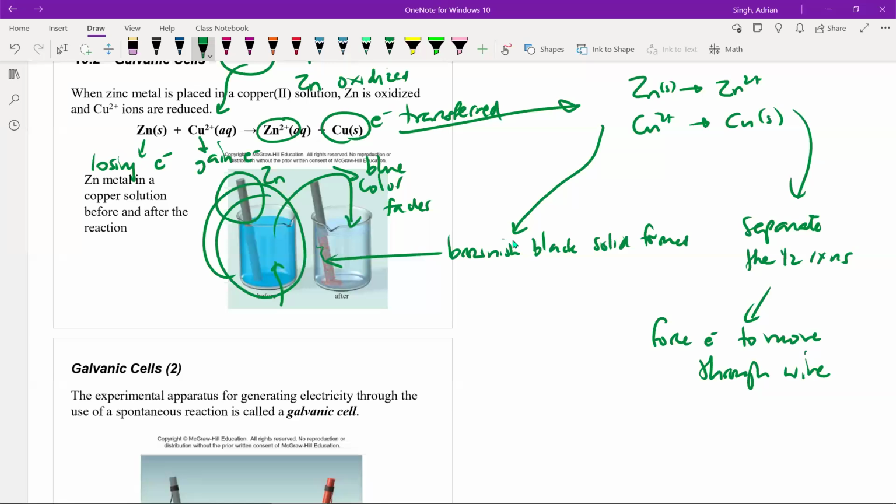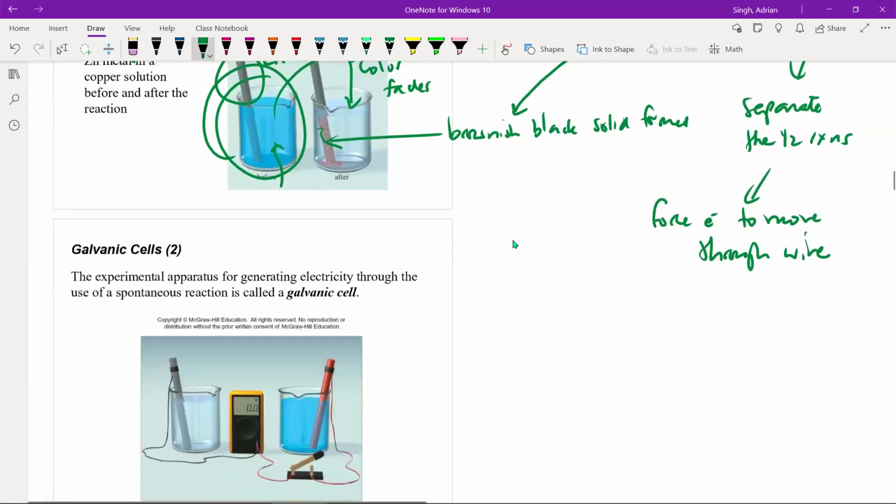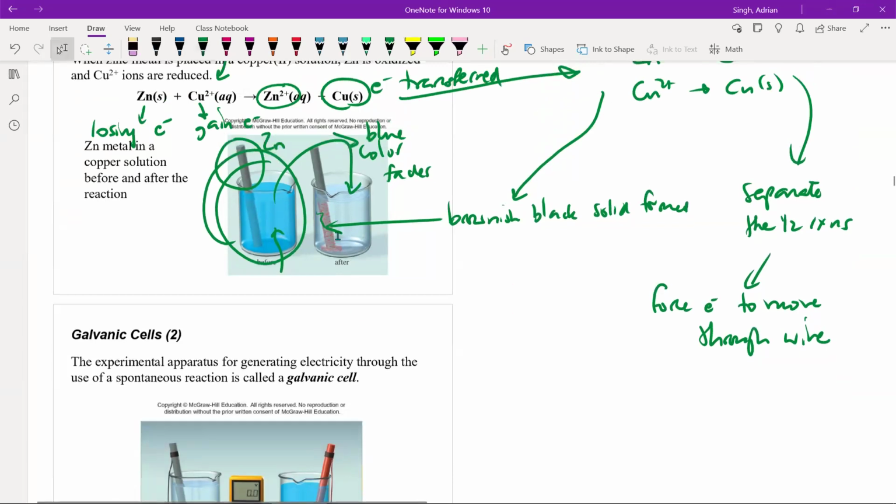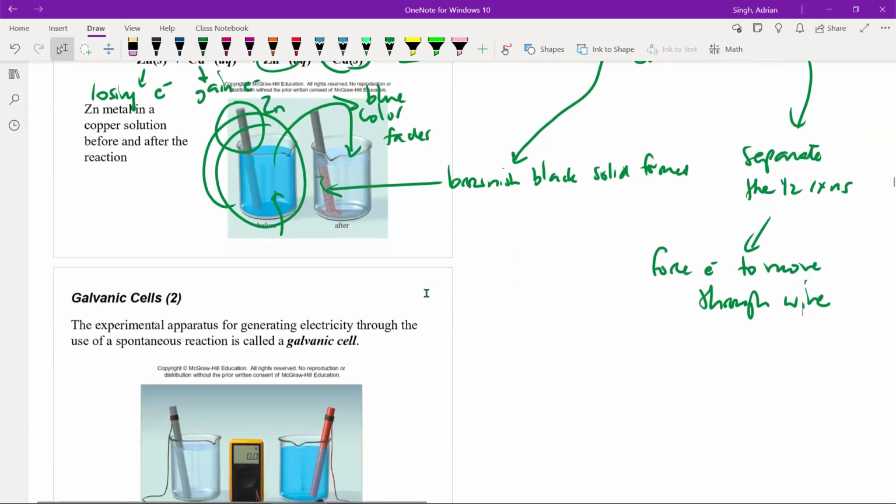And as the electrons move through that wire, they will then generate electrical energy. So we're leveraging a simple chemical reaction. We're separating those half reactions from each other, and we're able to then convert that chemical potential into electrical energy, which is actually very interesting and useful if you think about it.